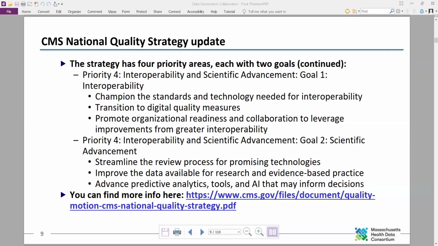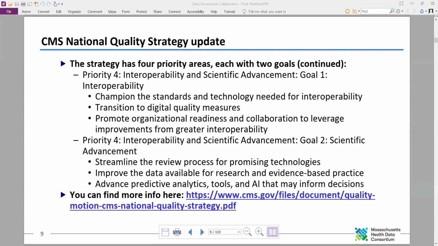So they talk about, in this third bullet, a lot of the things that we talk about: that the requirements for interoperability are a floor, not a ceiling, and helping people work together and looking to leverage the increased interoperability to do good things, not just meet interoperability minimums. So I thought that was a promising item.